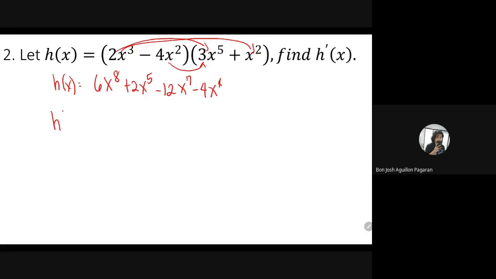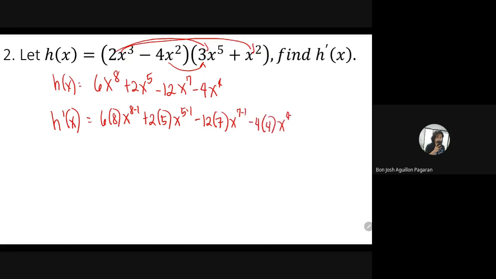And tsaka ngayon natin i-apply yung derivative noong polynomial function. So this will give us 6 times 8, x to the 8 minus 1, plus 2 times 5, x to the 5 minus 1, minus 12 times 7, x to the 7 minus 1, minus 4 times 4, x to the 4 minus 1.